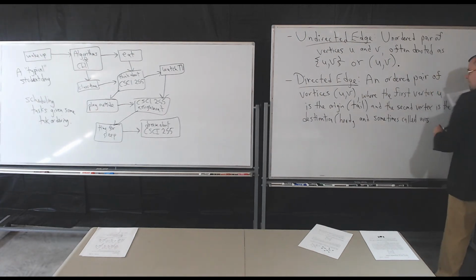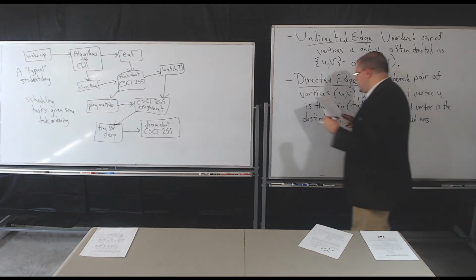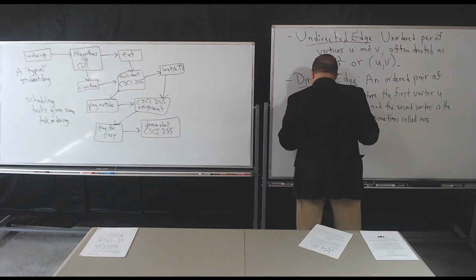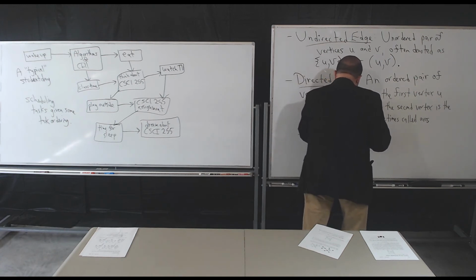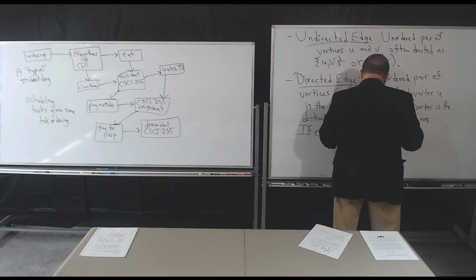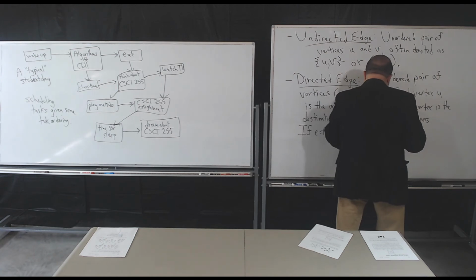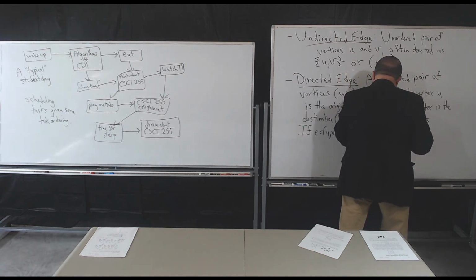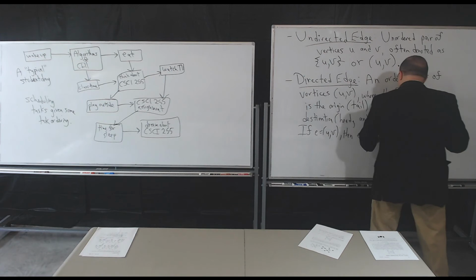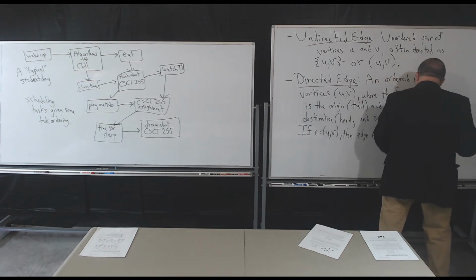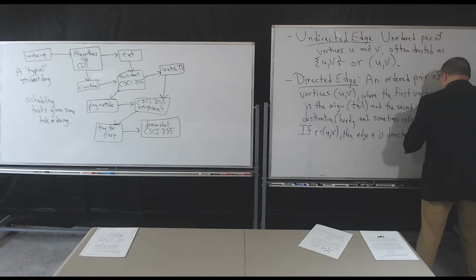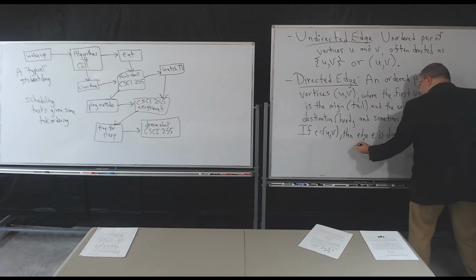So I should mention just a little bit of notation for you. If E equals (U, V), then edge E is directed from U to V. So that's a very important phrase.